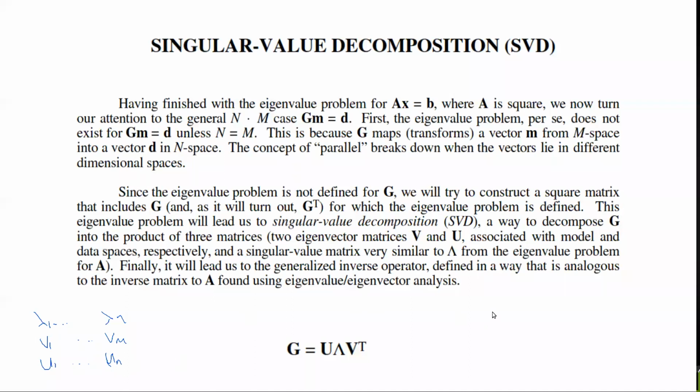So these V's, these eigenvectors, will go into this V matrix, and these U eigenvectors go into this matrix U. And then the singular values go into the diagonal matrix.